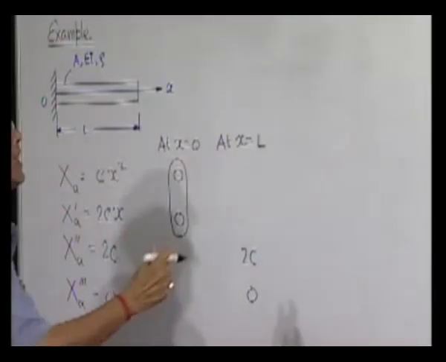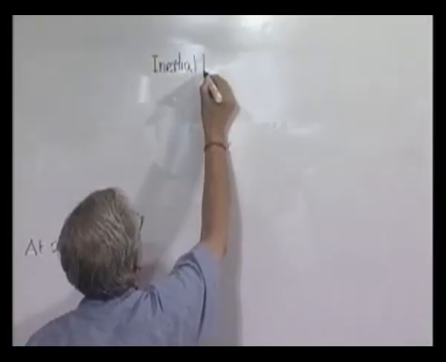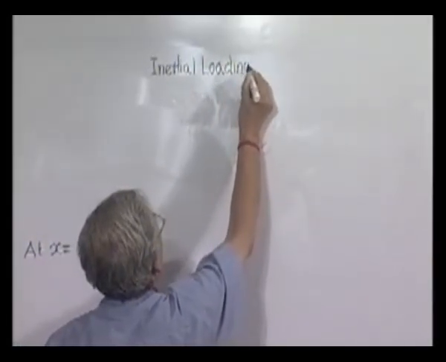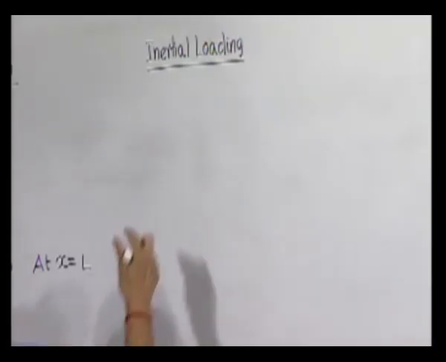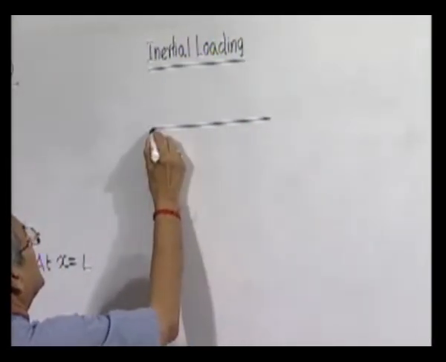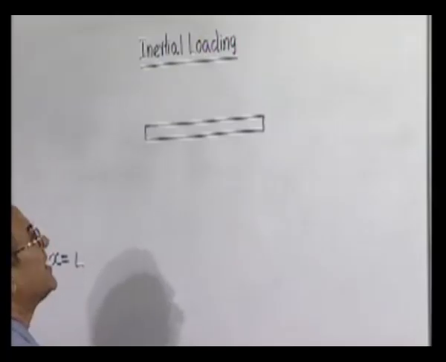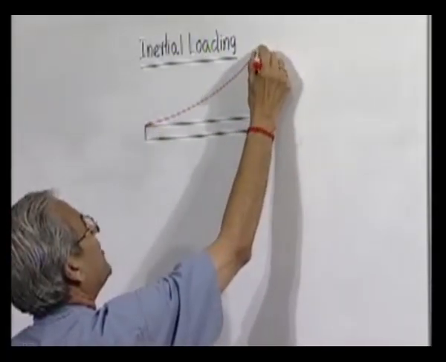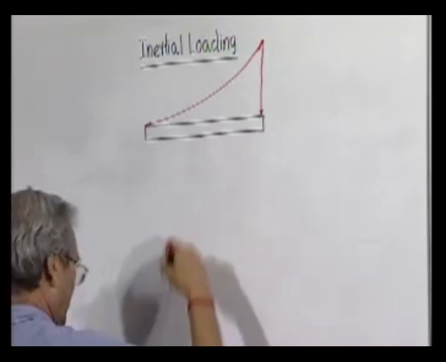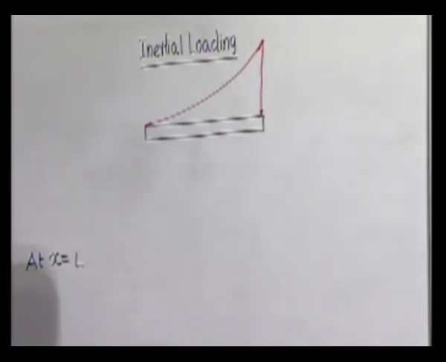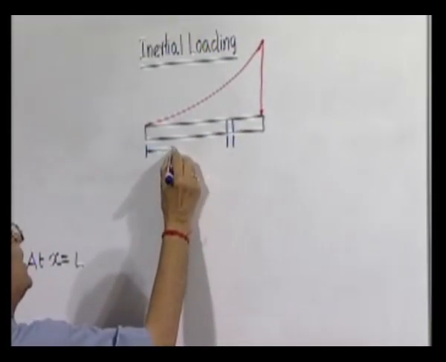Now, with this, what will be the inertial loading? Inertial loading is proportional to x square, it will be like a parabola, and we consider an element of length d zeta at a distance zeta.